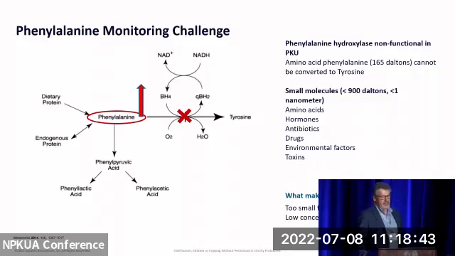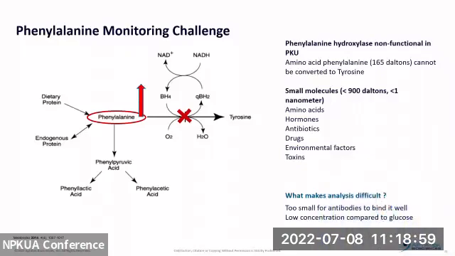PKU. And the challenge is really that phenylalanine is a very small molecule. The concentration relative to something such as glucose, where we know is routinely monitored by the patient, the concentration is very low. So you have a small molecule, very low concentration. So it's relatively hard today to measure other than in a central lab using mass spectrometry or HPLC or something relatively complicated.